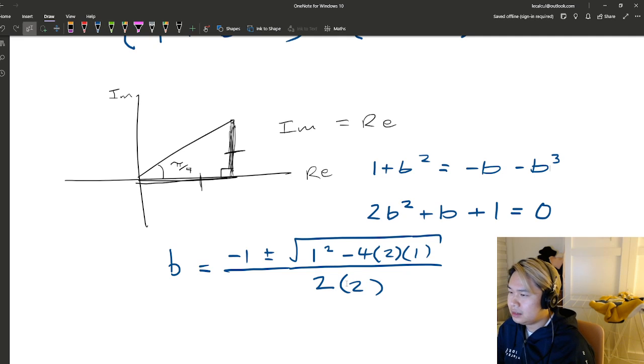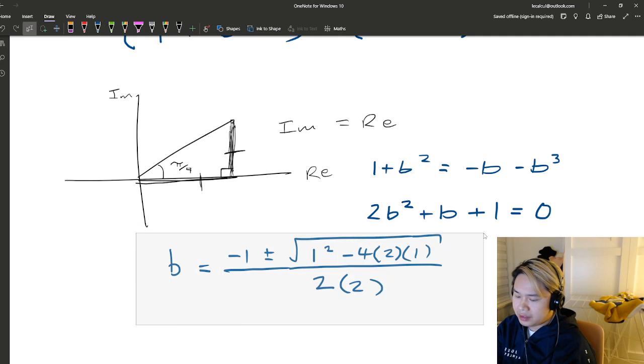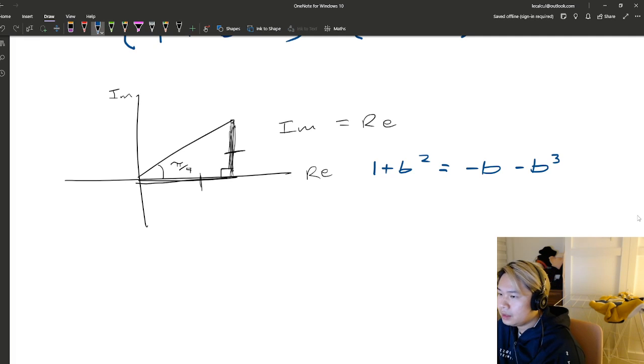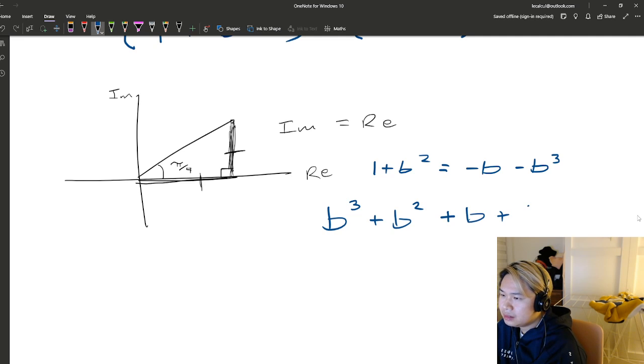So this leads us to a whole other type of issue. So we got b cubed plus b squared plus b plus 1 equals 0.